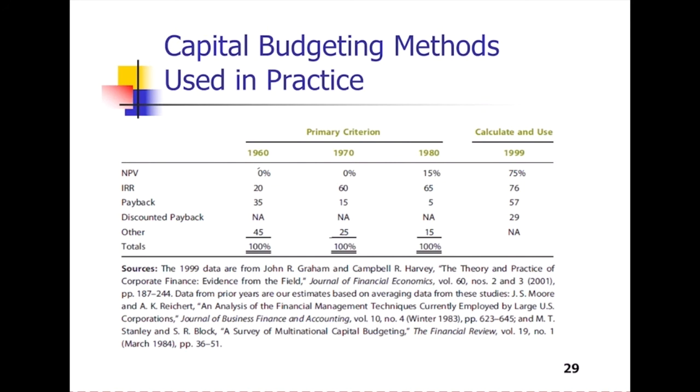So the condition is IRR should be larger than WACC, right? It means the expected rate of return should be larger than the cost of capital. And then we can rewrite this equation as IRR minus WACC, and this is the safety margin.